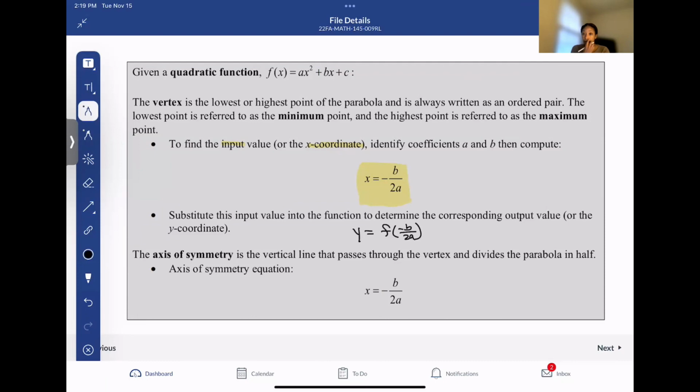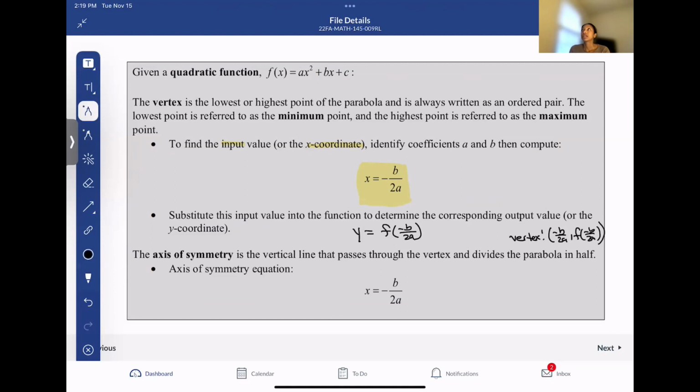Then you want to write your vertex as an ordered pair usually. The vertex is (-b over 2a, f of -b over 2a). It looks funky with the letters, but remember, we're going to know what a and b are, so we'll be able to get numbers for these values.